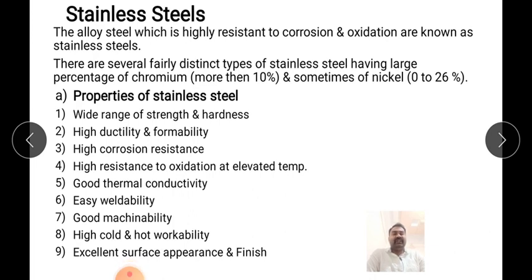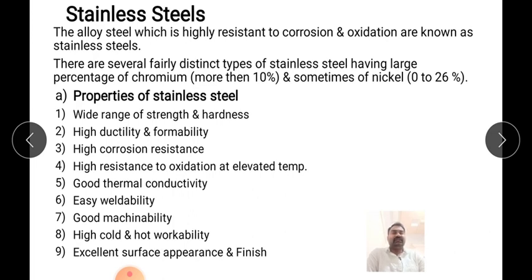Then easy weldability, welding is also possible in the case of stainless steel. Special types of electrodes are used having alloying elements similar to the stainless steel like chromium and nickel. Good machinability, machining can also be done on stainless steel. Then hot working and cold workability is also possible with the help of that stainless steel.